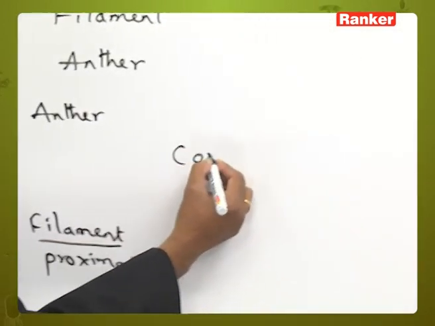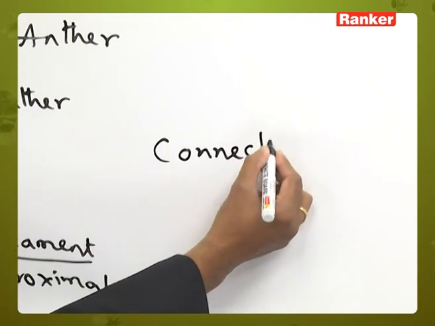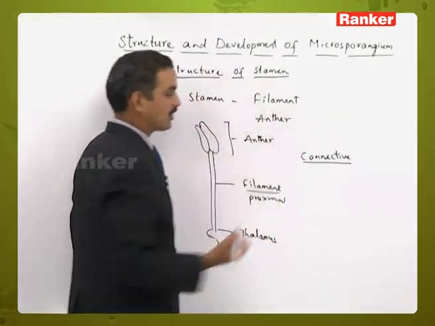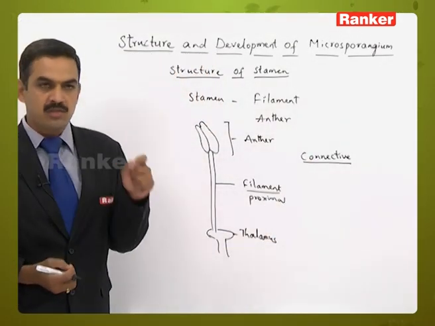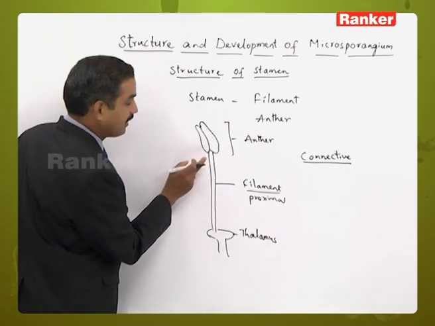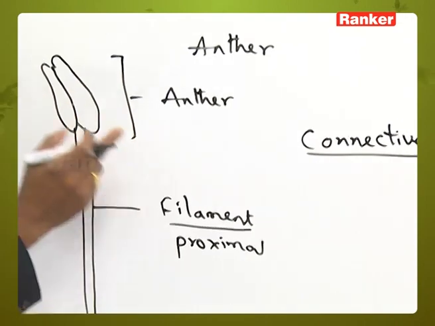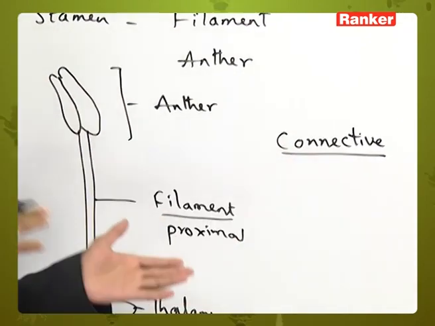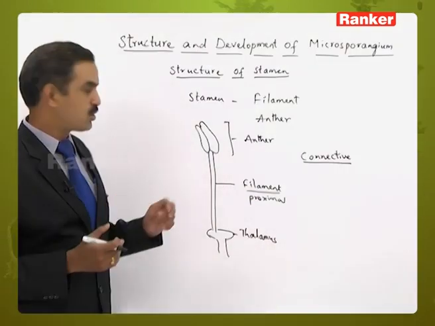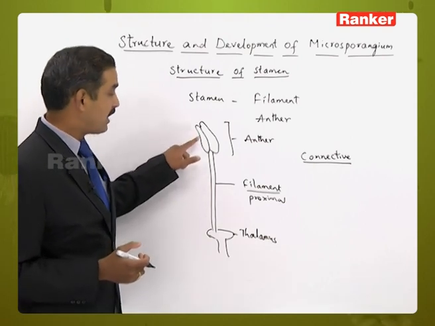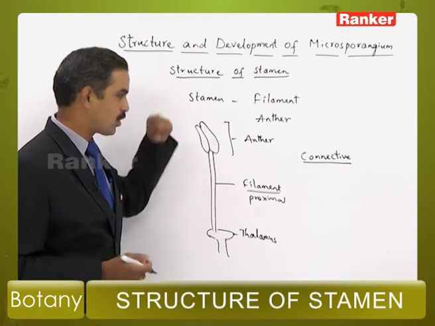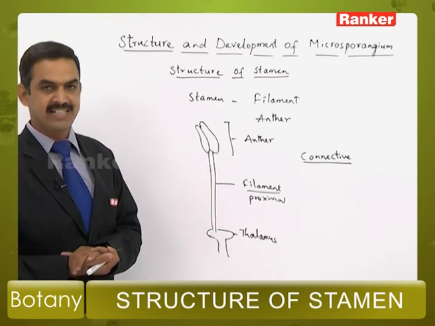Some consider a third part, called the connective. The connective is a special structure which helps in attachment of the filament to the anther, and the parts of the anther are also connected with the help of the connective tissue.